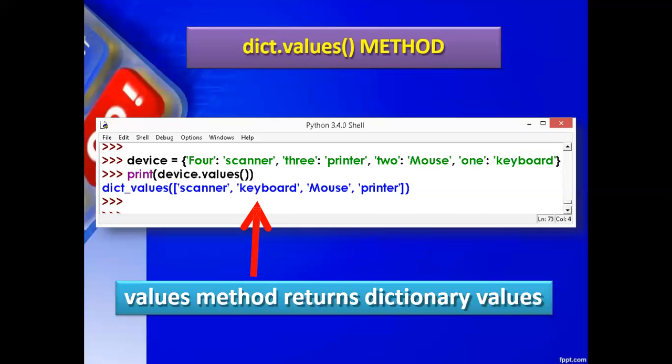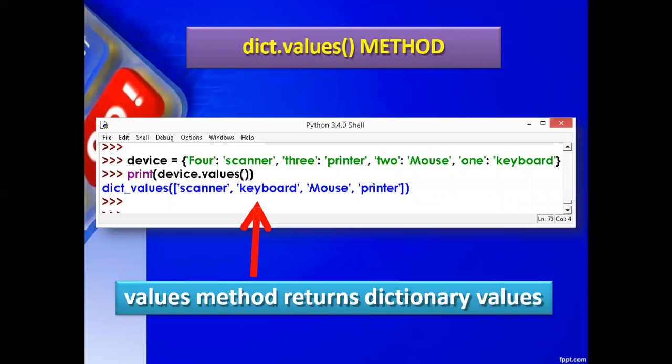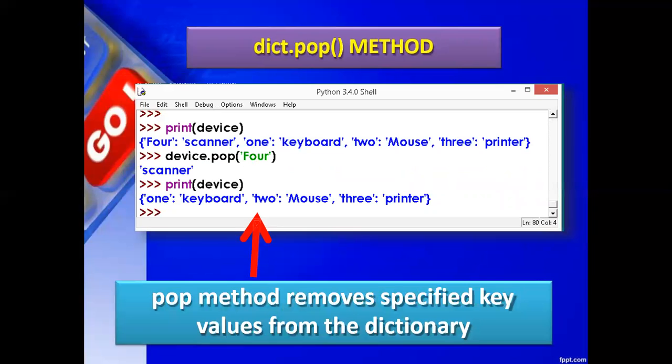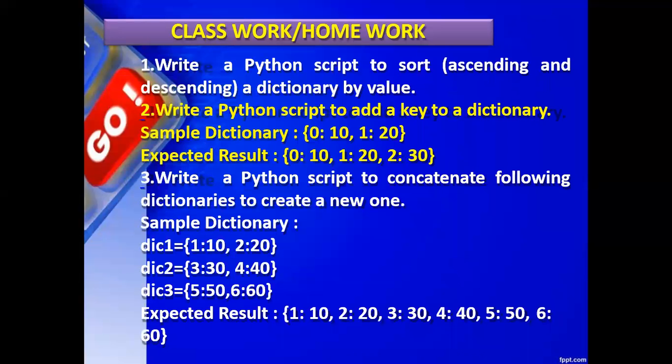Values method returns the dictionary values. dict.pop method removes the specified key's value from the dictionary. Popitem method removes that particular item from the dictionary.